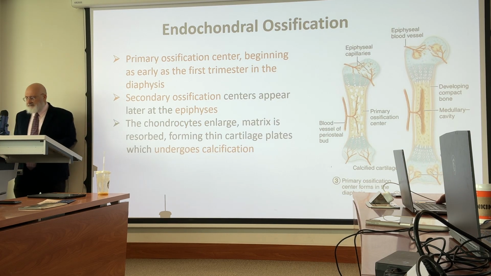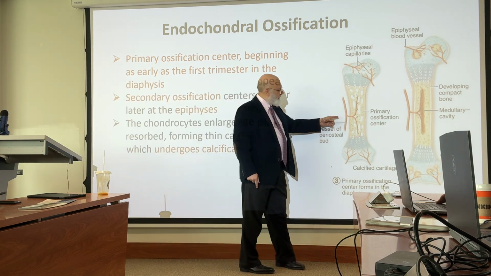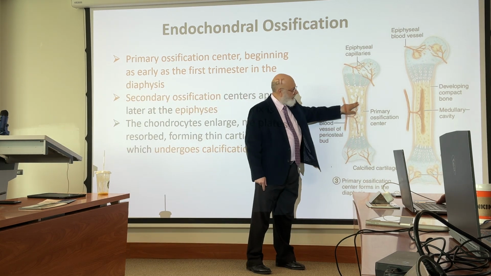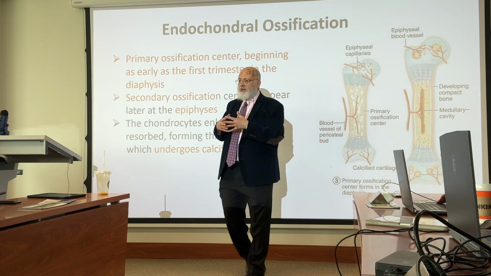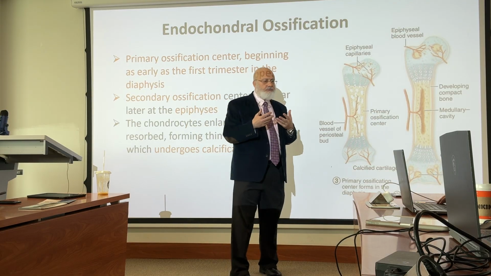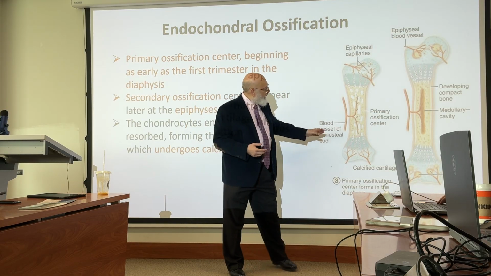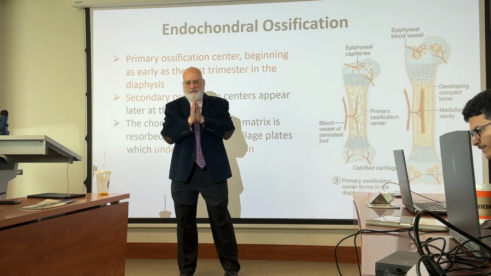So what happens is, the chondrocytes in the middle start to enlarge. You remember there was some collar bone here, but there's a lot of cartilage. Chondrocytes start to become hypertrophied. When they get big, they become unable to get enough nutrients, and the diffusion decreases. So they start dying and also compressing all this matrix between them.